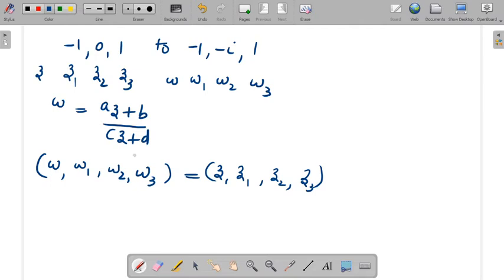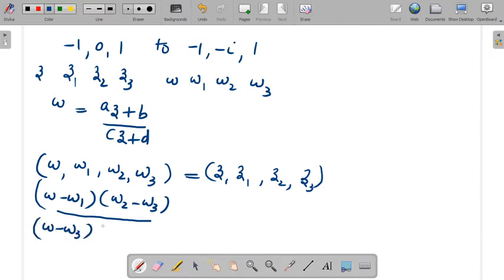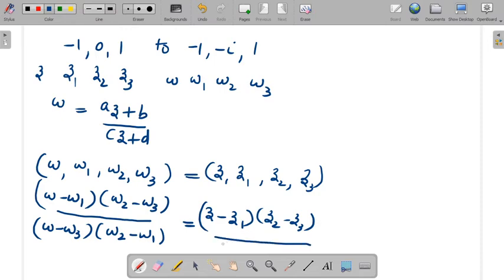Now let us write this cross ratio and just substitute the points to get W in this form, W equal to AZ plus B divided by CZ plus D. So the cross ratio is W minus W1 into W2 minus W3 divided by, now we interchange W1 and W3 in the denominator. So W minus W3 into W2 minus W1 equal to Z minus Z1 into Z2 minus Z3 divided by, now interchange Z1 and Z3.